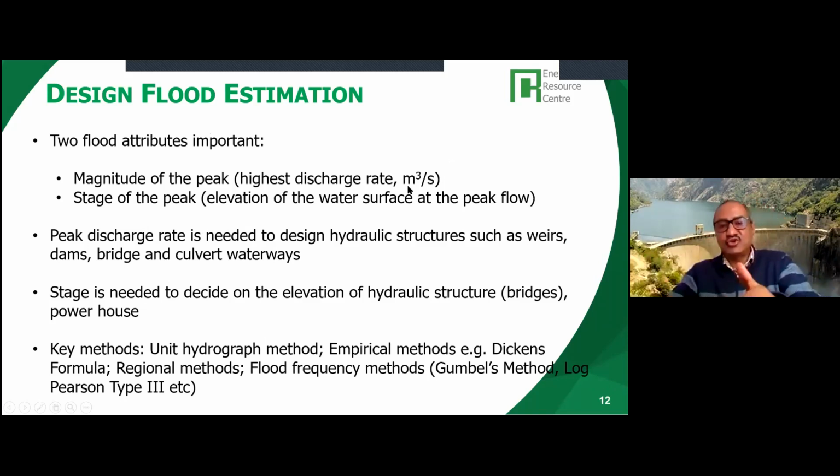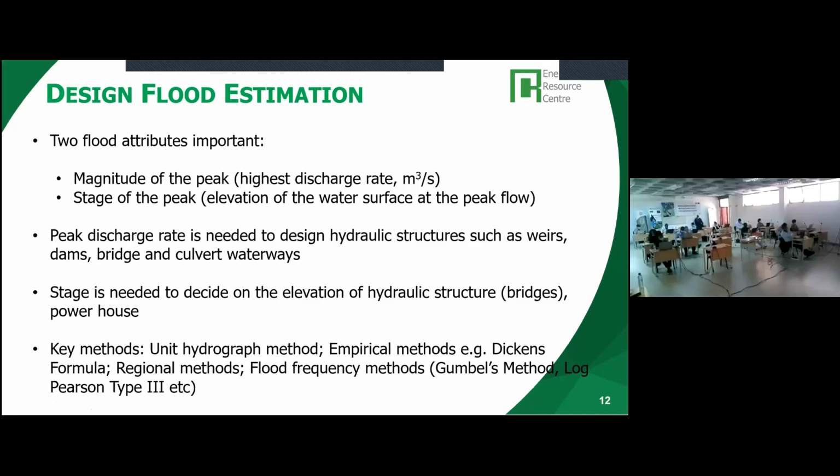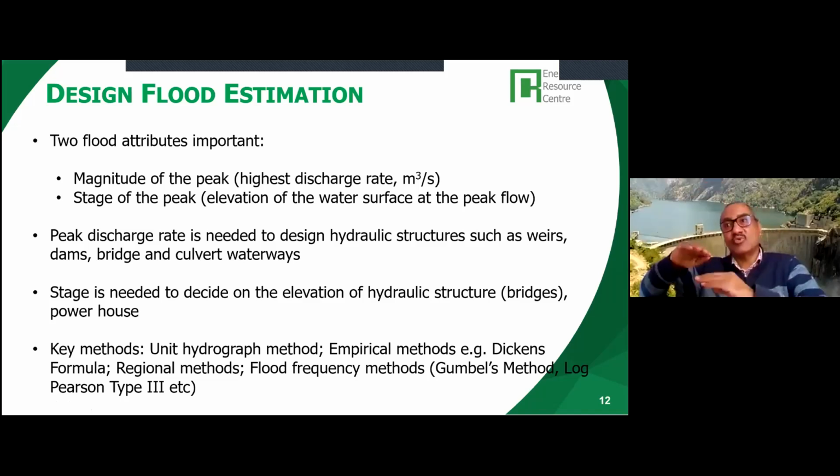Like especially if you are doing a flood study, if the flood is, let's say, 1000 cubic meter per second, what is the level of water in the river? Does it spill over the bank? Whether it is more than the bank capacity or less is important. Or if you're making a bridge, whether that water level will reach the deck of the bridge is important.